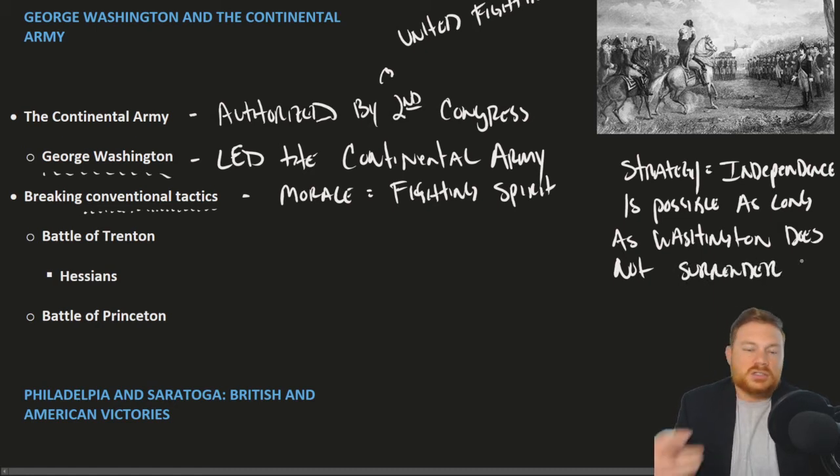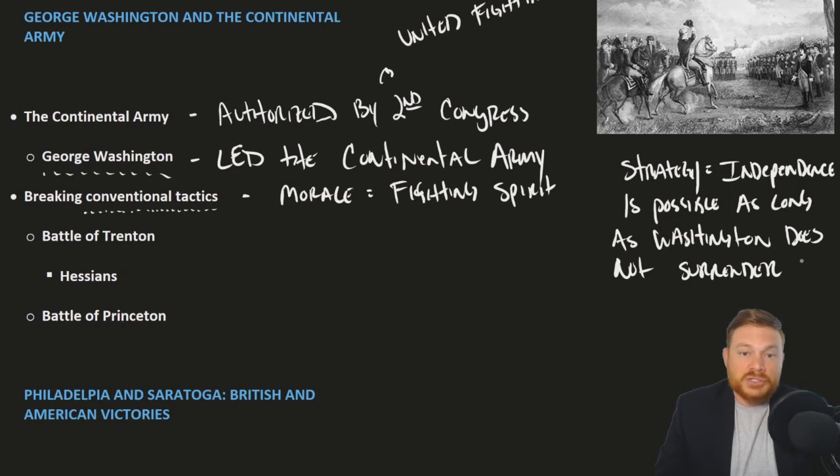So in a sense, just as long as Washington never gets caught, never gets forced to surrender, the prospect of independence still is possible. And so Washington spends much of the army on the run, you might say.